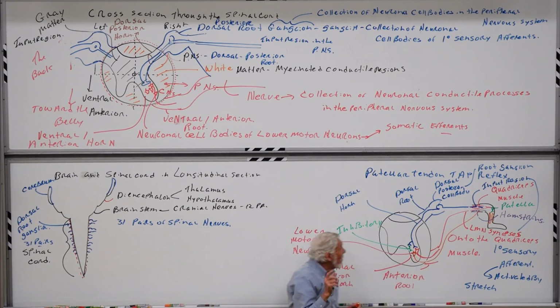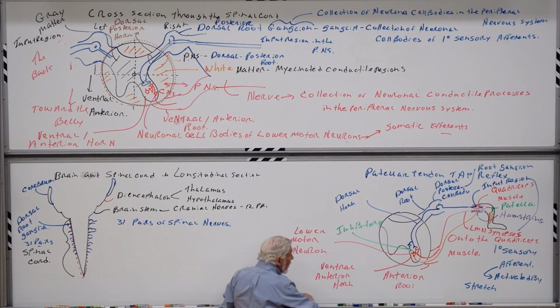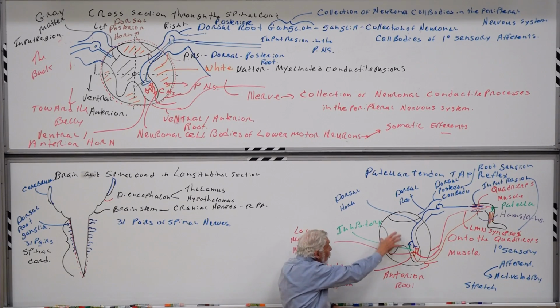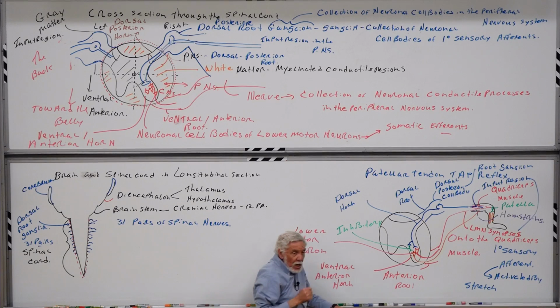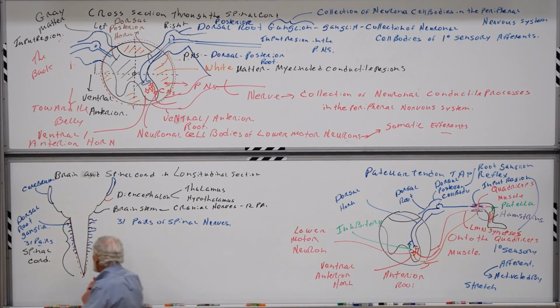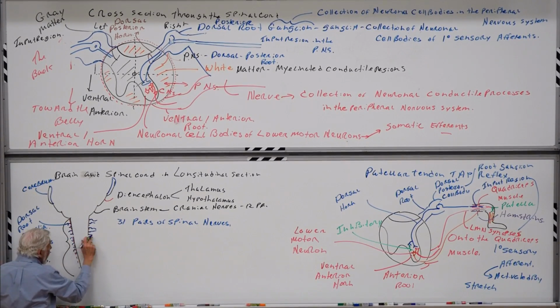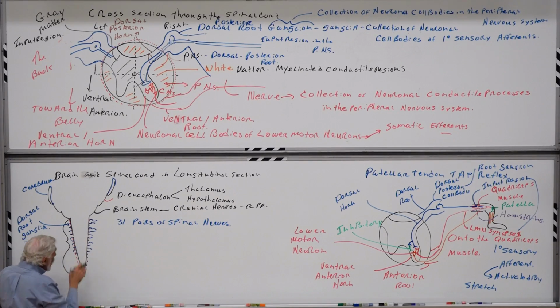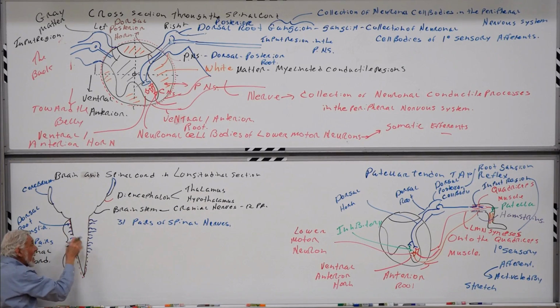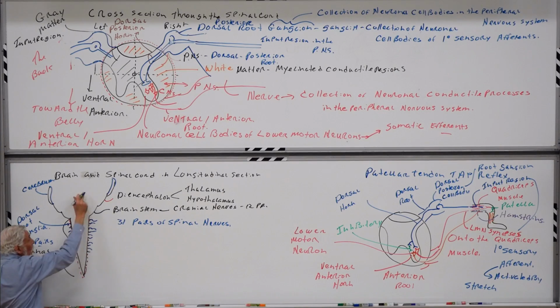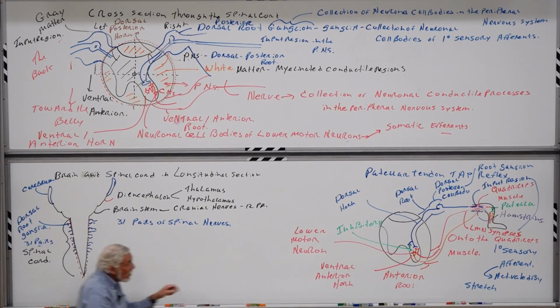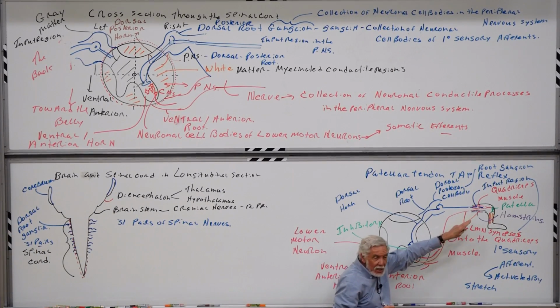So one of the issues, this is perfectly fine, it's perfectly true. You could follow this through from the other side. But one of the surprising findings is that if we cut the spinal cord here, so that we break the connections between the spinal cord and the brain, this remains entirely intact.